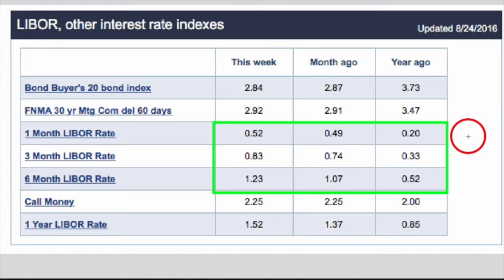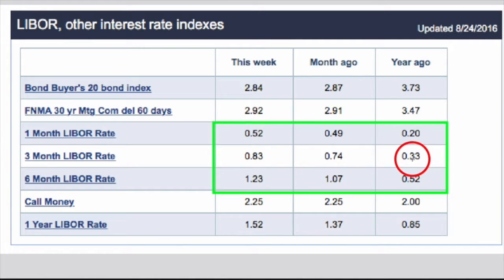And now here is another thing that doesn't make sense whatsoever. The LIBOR rates, which is the London interbank borrowing rates, from a year ago: the 1 month, 3 month, and 6 month LIBOR rates. The 1 month at 0.20% has gone up more than double now.